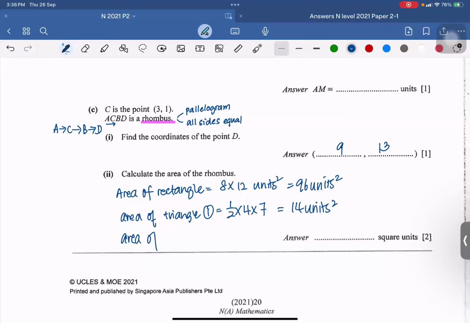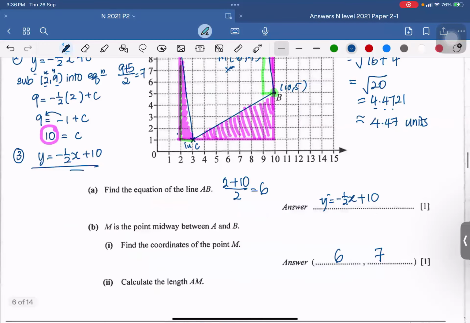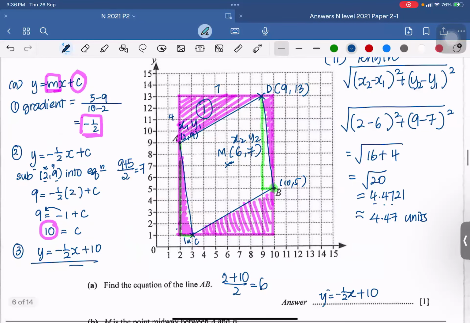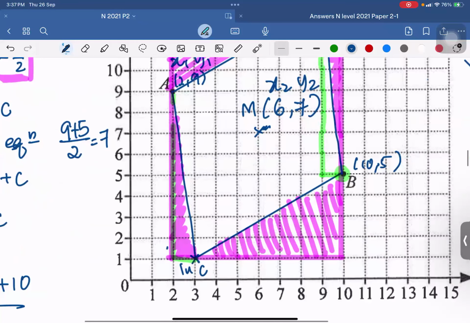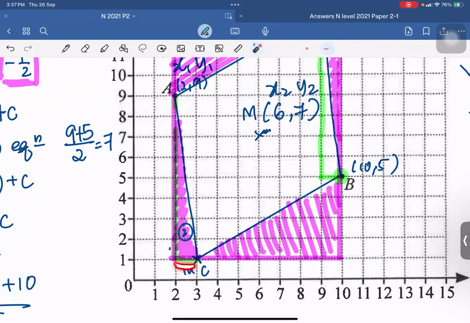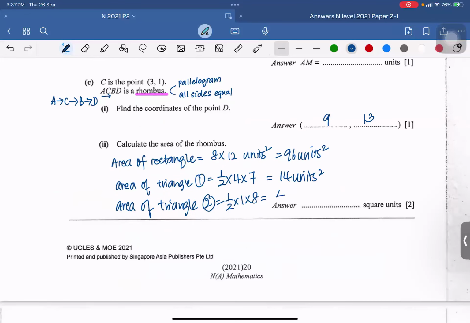Let's find the area of triangle number 2. Half times which base? 1, then 1, 2, 3, 4, 5, 6, 7, 8. So half times 1 times 8, 4 units square.